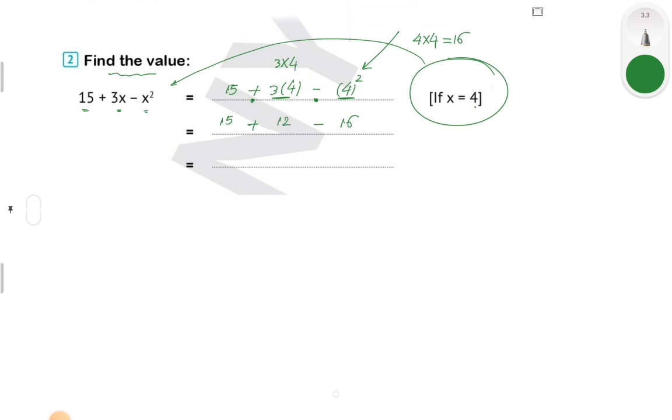Now start with addition. 15 plus 12 will be 27 minus 16, that's equal 11. Now we reach the end of our first model.